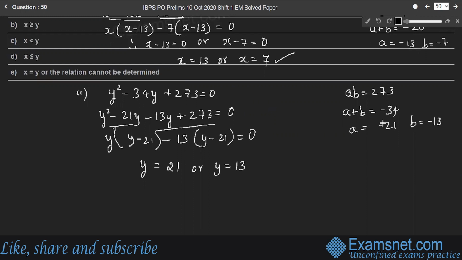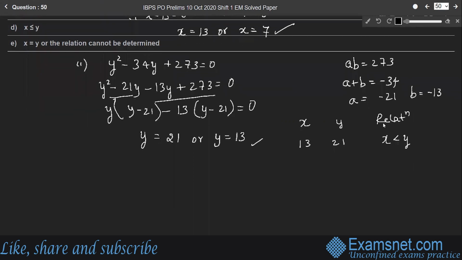Now relate x and y, right? So if the value of x is 13, y is 21, then the relation between x and y is x is less than y, right? If again x is 13, y is also 13, x is equal to y.